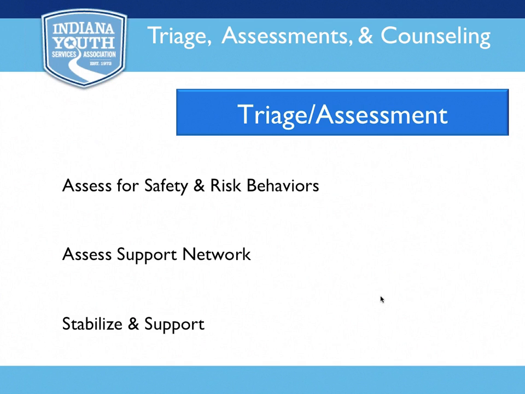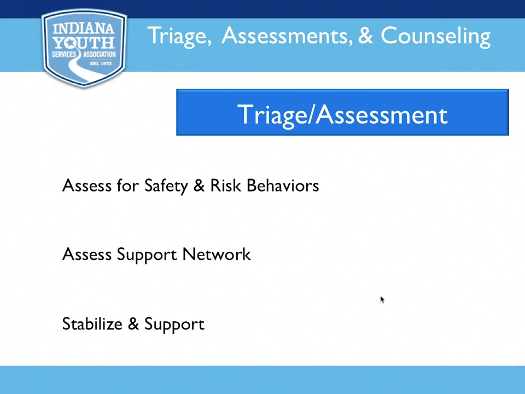We have to also assess their support network, because we again know that they're isolated, they've been rejected. 34% of them have been rejected from family of origin. Then what other support do they have in place? And find that network of caring adults and peers that they can rely on to support not only things like their physical well-being, housing and food, but also emotional and psychological well-being.